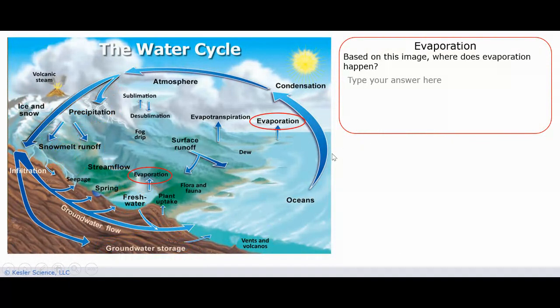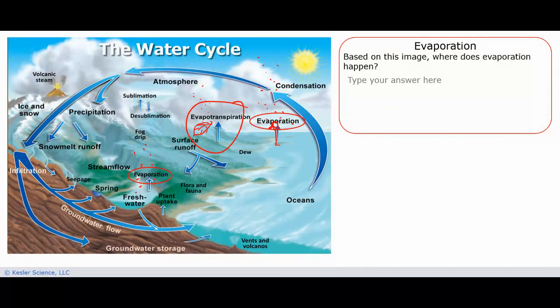What about evaporation? In this image, where does evaporation happen? Well, a couple are circled here. Evaporation happens right here by the ocean as all those particles vaporize up. Same here, it could happen in a lake too. It could happen in ponds. But there's also evapotranspiration, which means water can evaporate off of plant leaves.